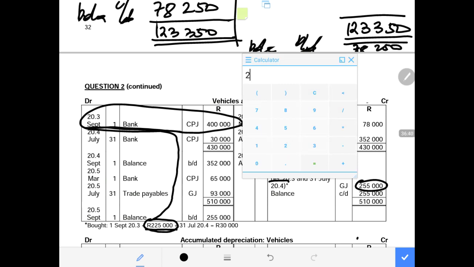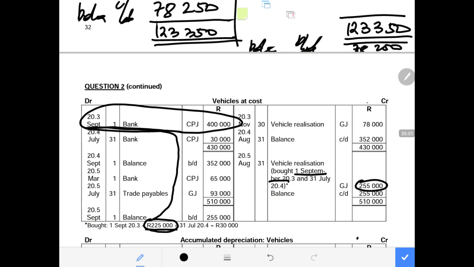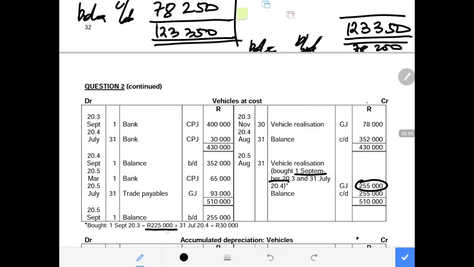Therefore now we can say 255,000 rands minus 225,000 rands, and we discover that 30,000 rands is the other vehicle that was sold, which is included in the cost of 255,000 rands. And they make that note very clear that these vehicles are made of 30,000 and 225,000 rands, and the sum of the two gave us 255,000 rands.